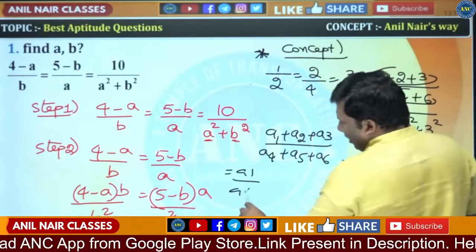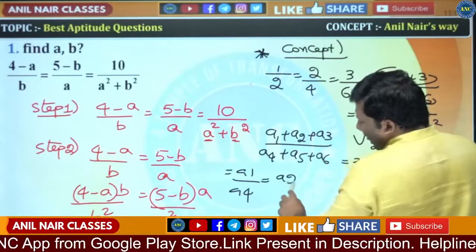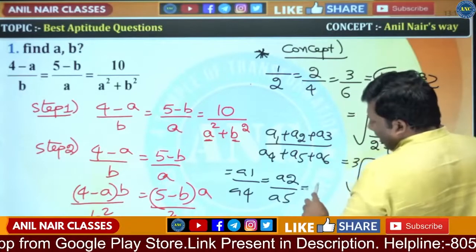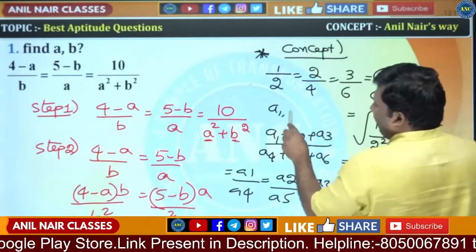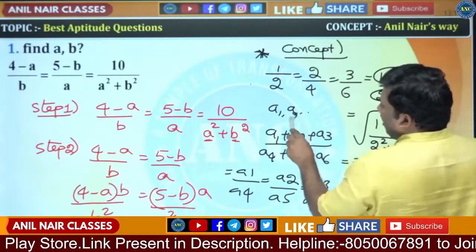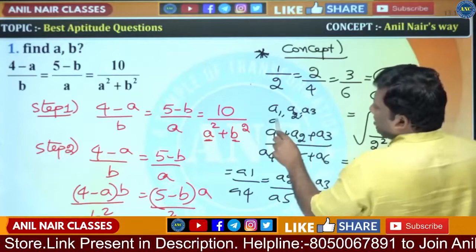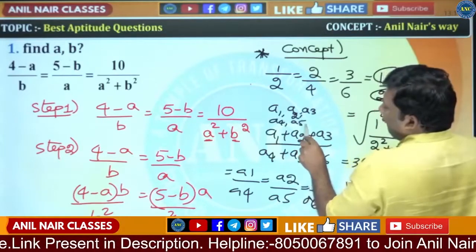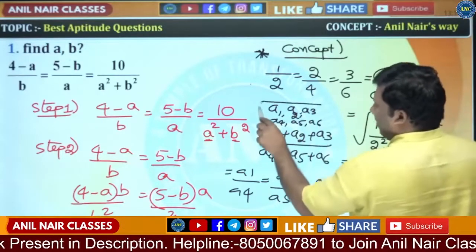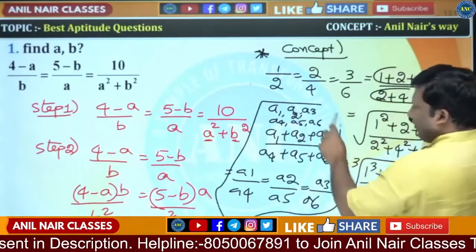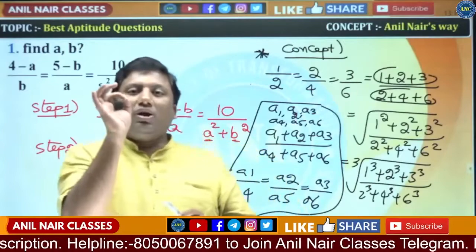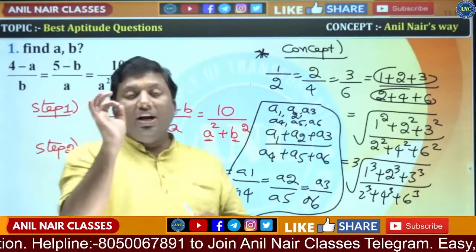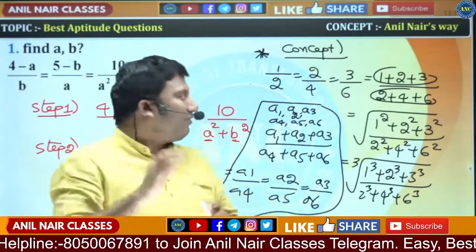Ratio of the corresponding sides A1 by A4 equivalent to A2 by A5 equivalent to A3 by A6. That means if two triangles are similar, ratio of the sides of a triangle is equivalent to ratio of the perimeters.